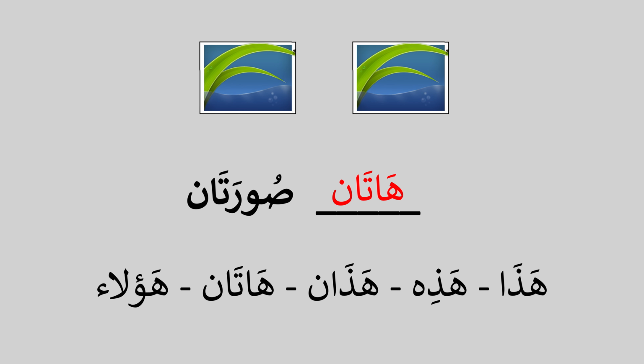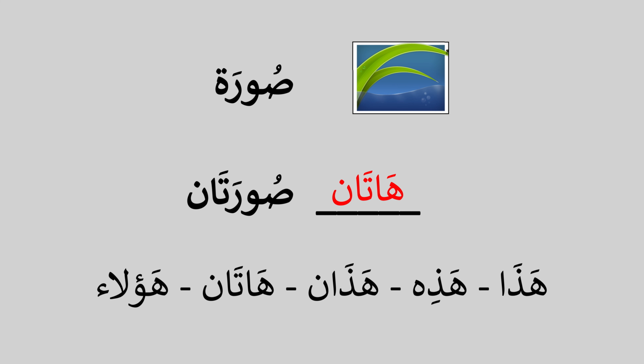Because of this ta here, which tells you that it was tied ta originally, and we had to give it back its original shape. So, this word is a dual feminine, and for that we choose هاتان. هاتان صورتان. By the way, suratan means 2 pictures. The singular of this word is صورة, like this.